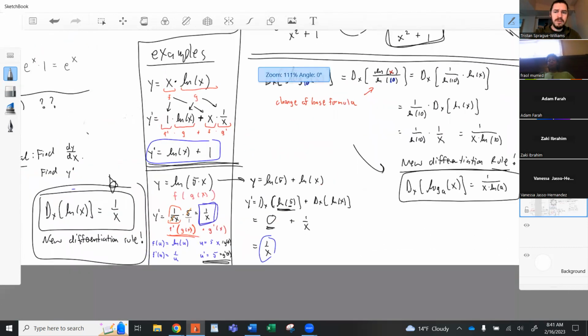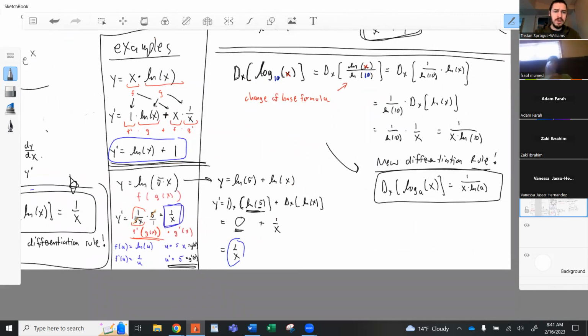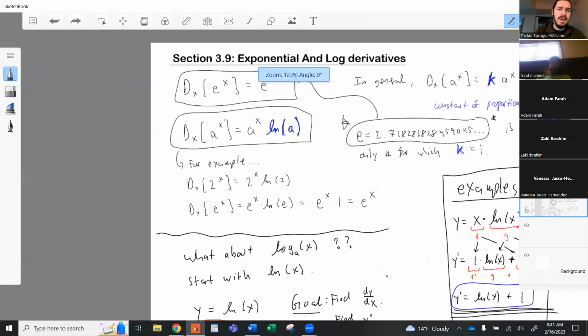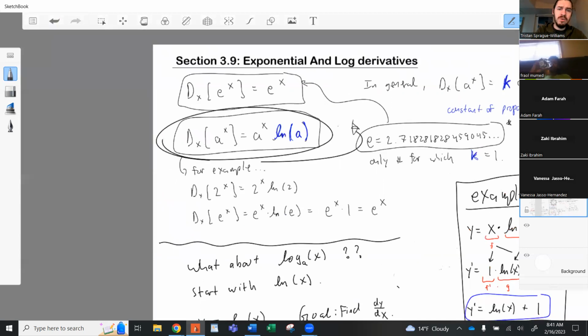And this new differentiation rule is a generalization of the natural log of x differentiation rule in exactly the same way that the general exponential differentiation rule was a generalization of the original natural exponential rule, right?